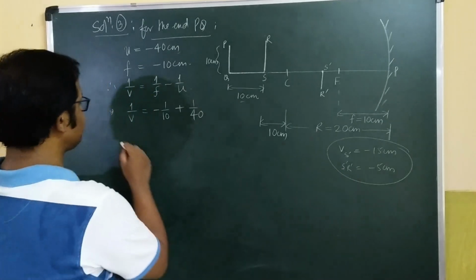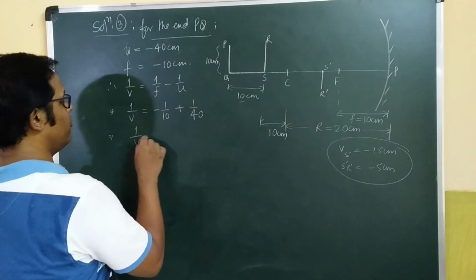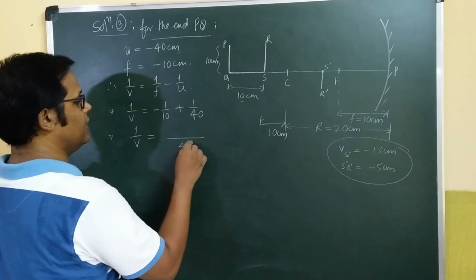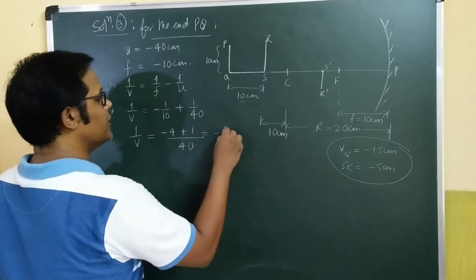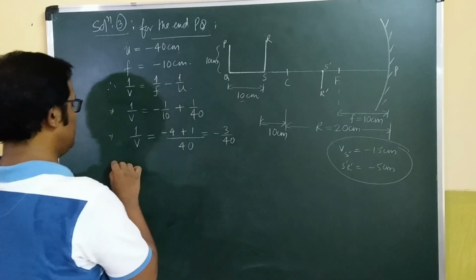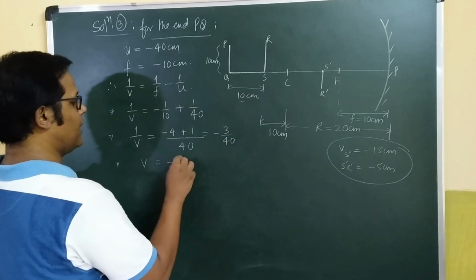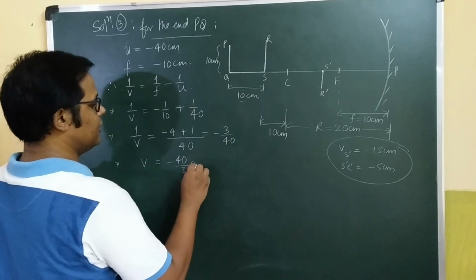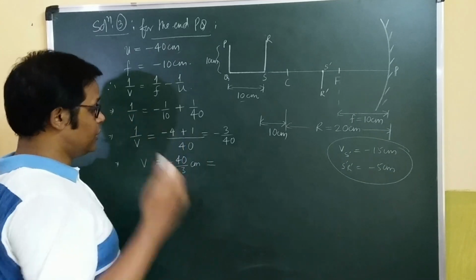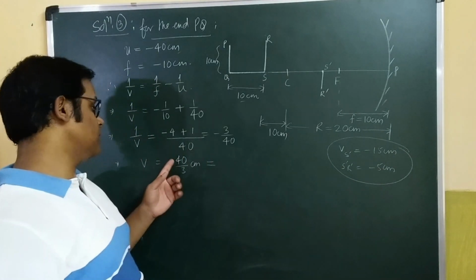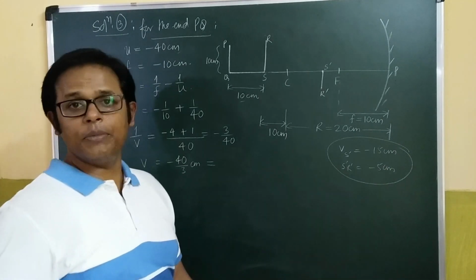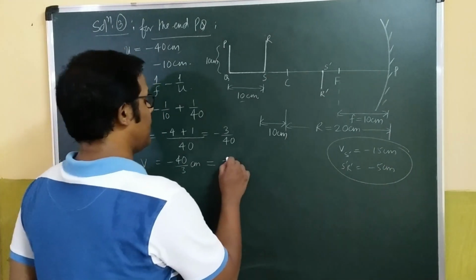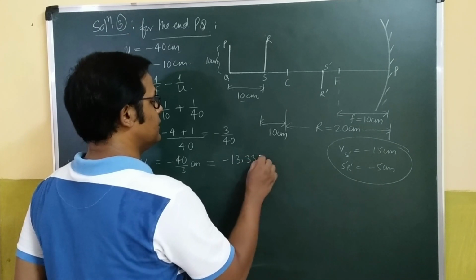Great, come on. So 1 by V is equal to, over 40, minus 4 plus 1, that is minus 3 by 40. So I should get V equal to minus 40 by 3 centimeters, which is approximately minus 13.33 centimeters.